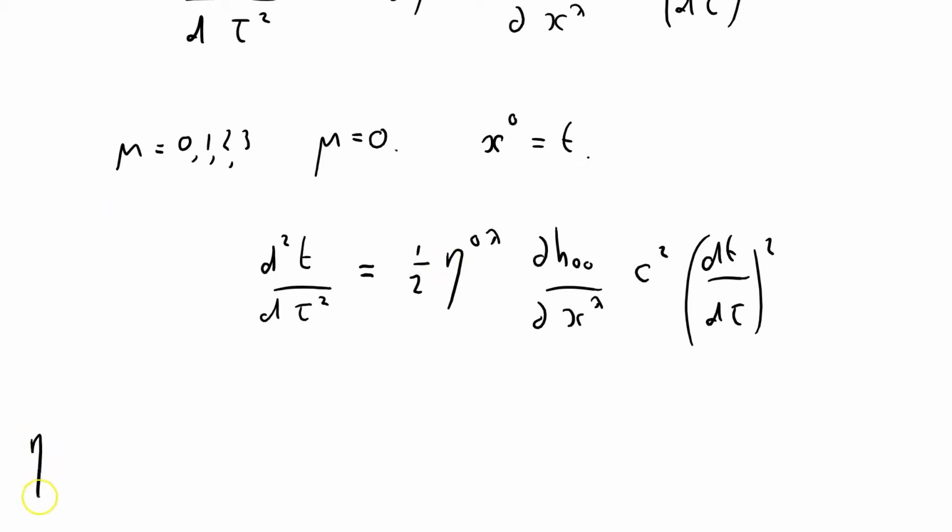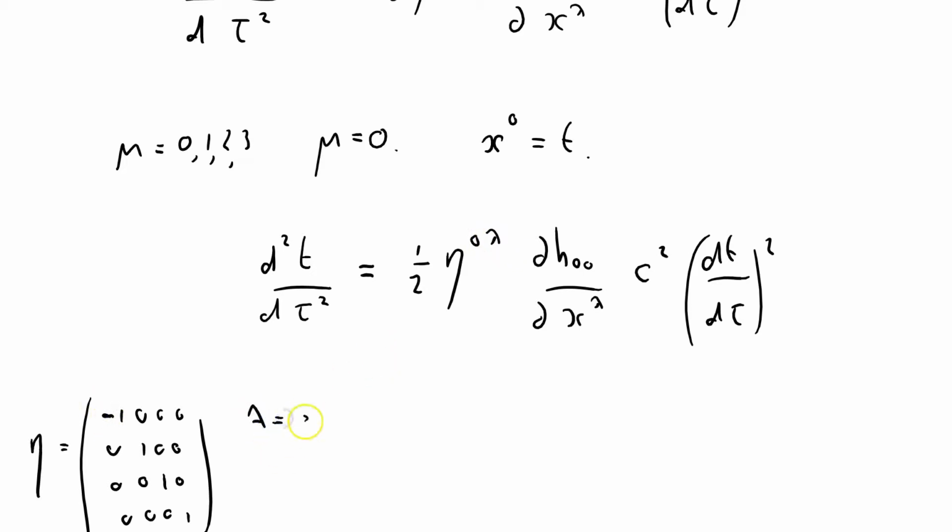Okay, and eta is just the diagonal matrix that we've been using all along for Minkowski space. And so, of course, what this does is pick out the lambda term. This picks out the term lambda equals 0 because this is the only one that we're interested in.